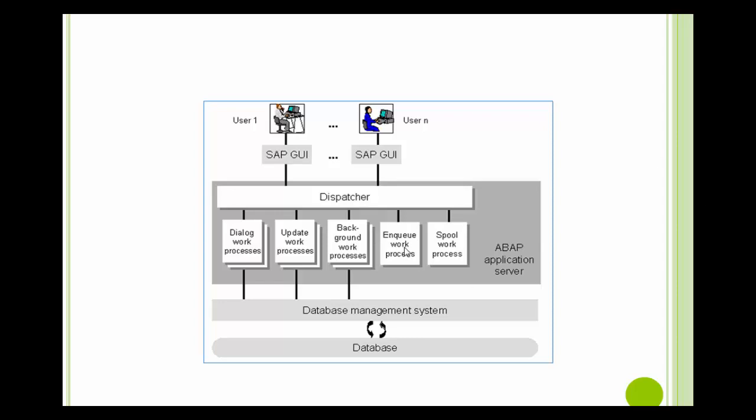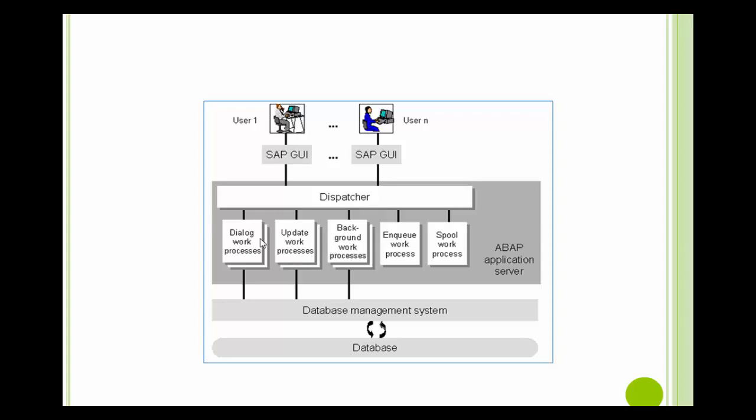The logging concept and the enqueue work process are all available under work processes. When you create a spool request, like some scripts or smart forms, I'll explain forms in depth later. When you click on print or print preview, you won't get the output immediately. The system will create a spool request ID, and this work process takes care of those things.